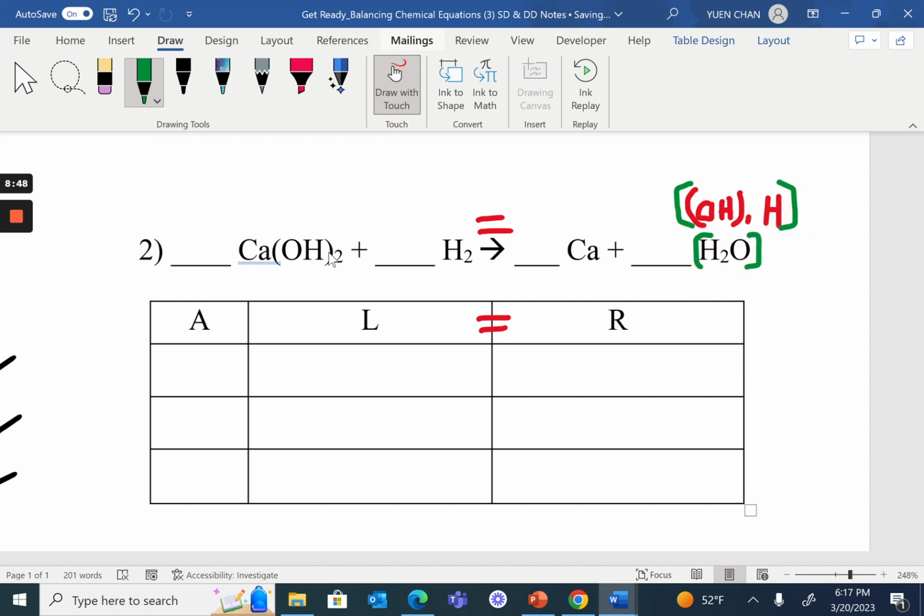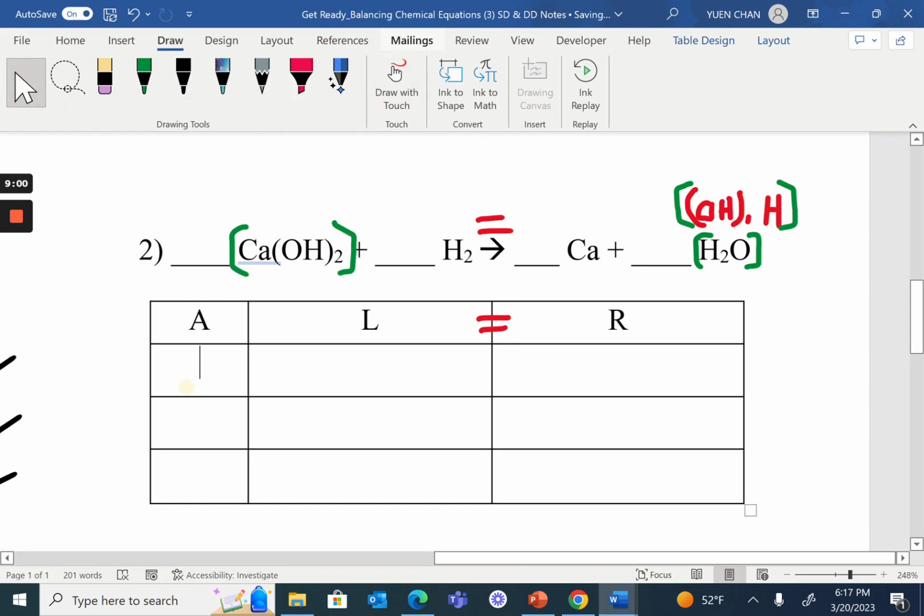And also, here the CaOH2 is already in the parentheses, with the 2 outside. And so then the only thing I need to do is put the bracket outside the compound. All right, so now I can start to write down what elements I have. I got Ca, and then I get parentheses OH, and I also get the H.